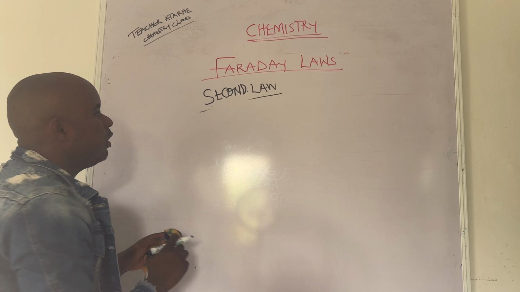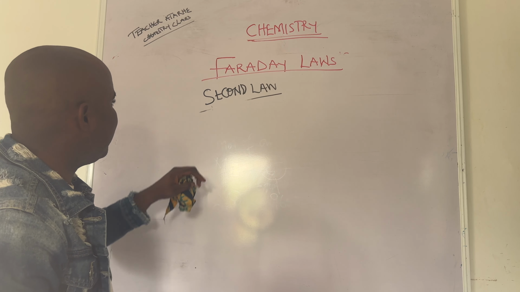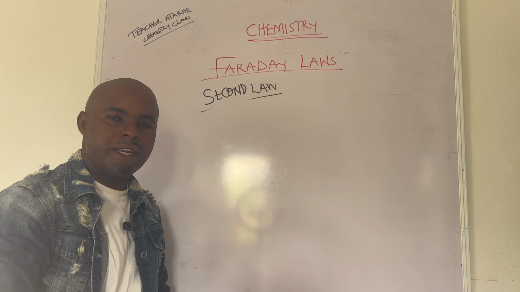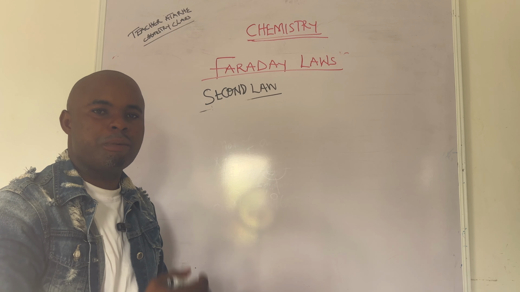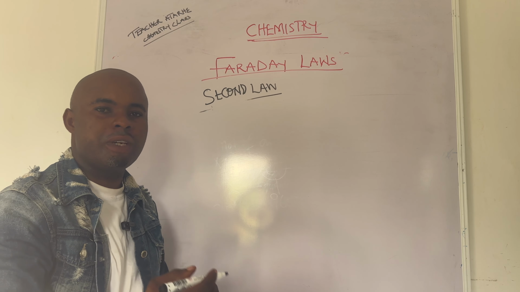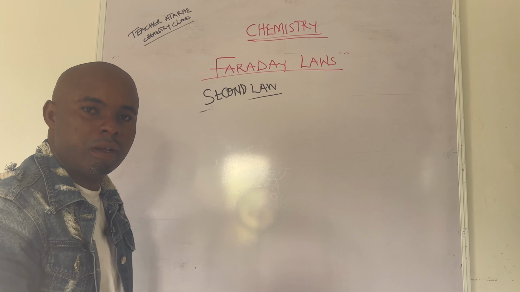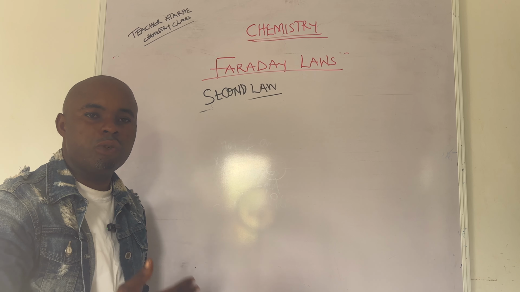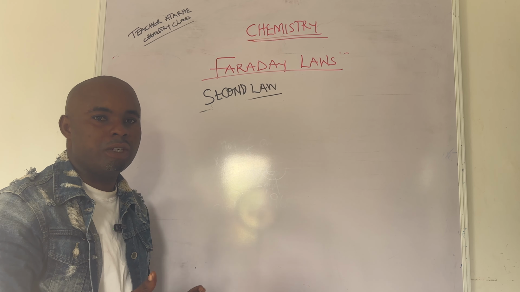The second law says that if the same current is passed through different electrolytes, the mass m of the element is directly proportional to the chemical equivalent. When you see in any calculation problem that the same quantity of current is used, just know that you're dealing with the second law of electrolysis.